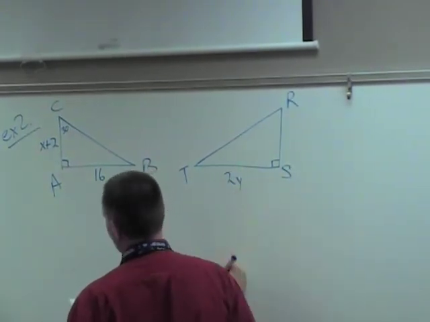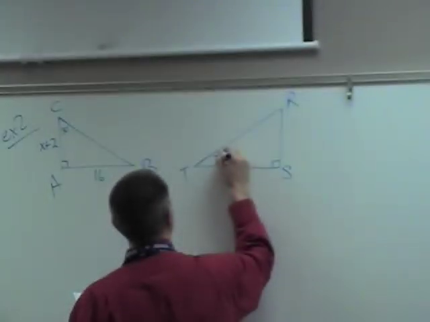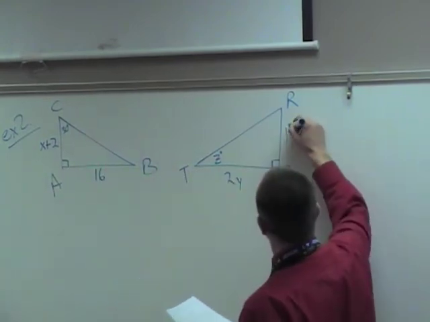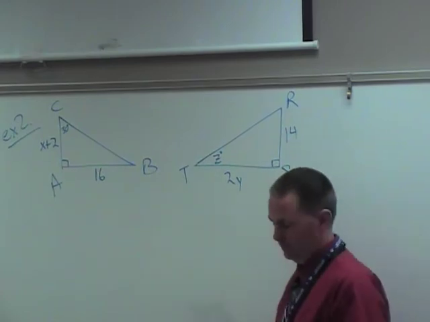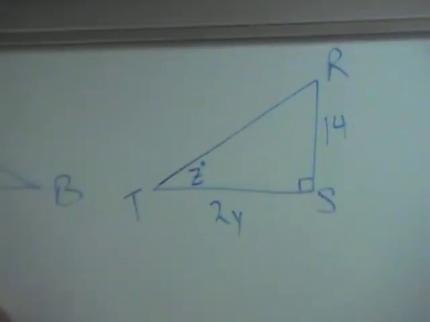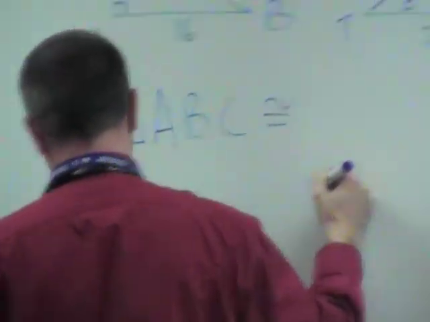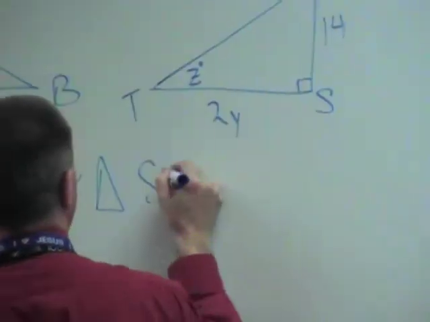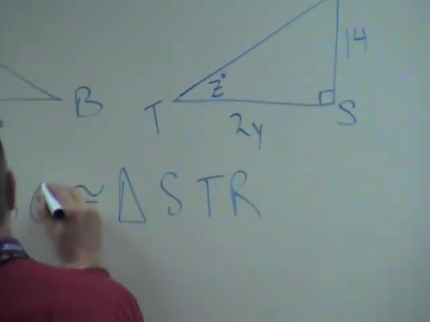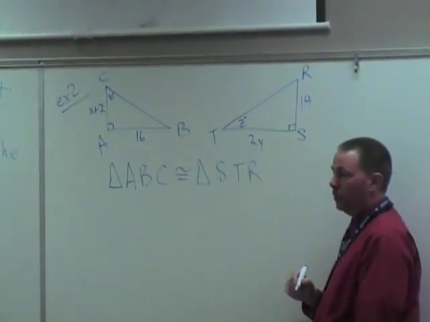ST is 2y units long. Angle T is z degrees. And RS is 14 units long. Alright, now what's important here is that triangle ABC is congruent to triangle STR. Alright, so you're given that information, and that tells you a whole lot.